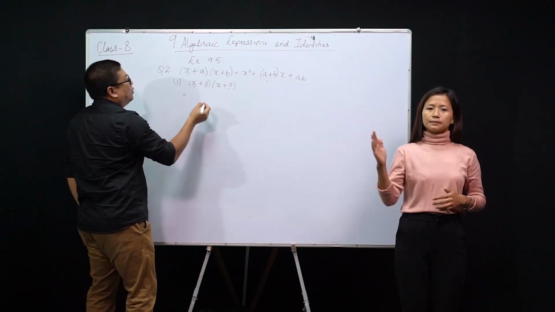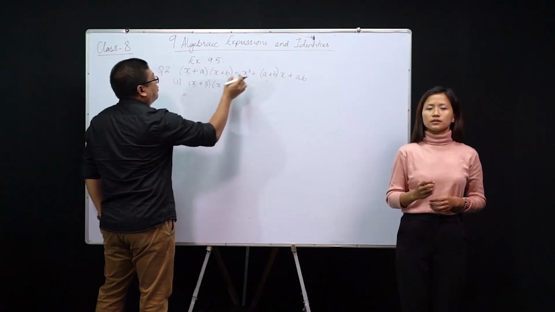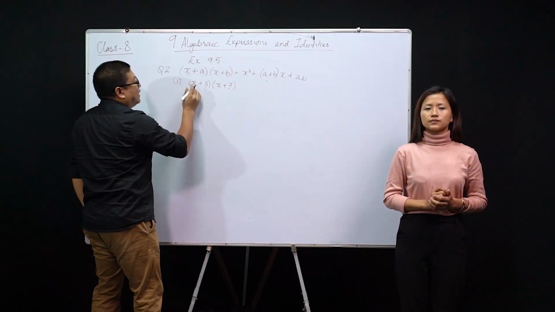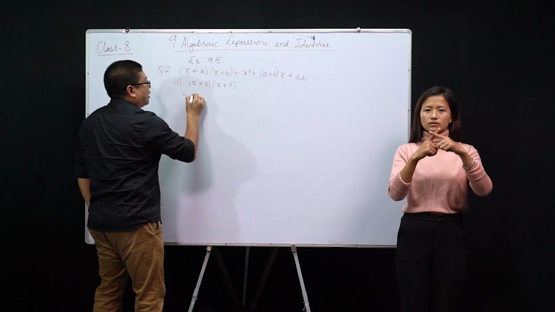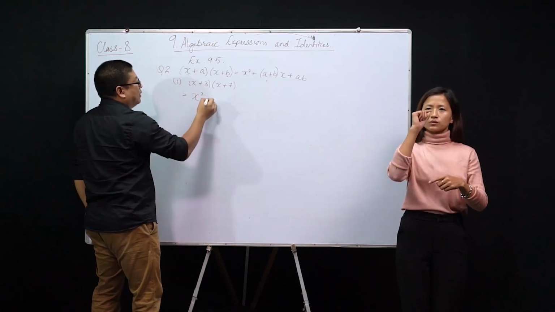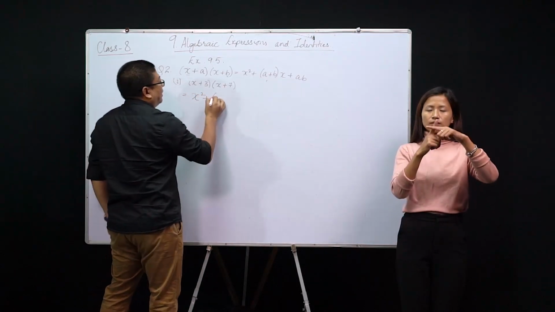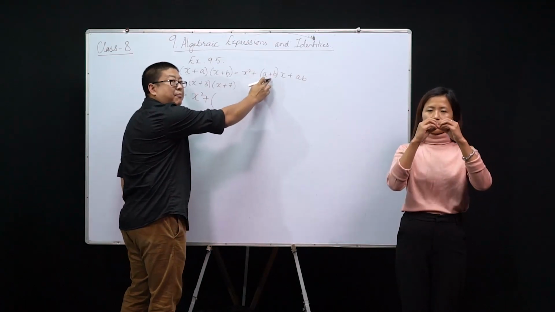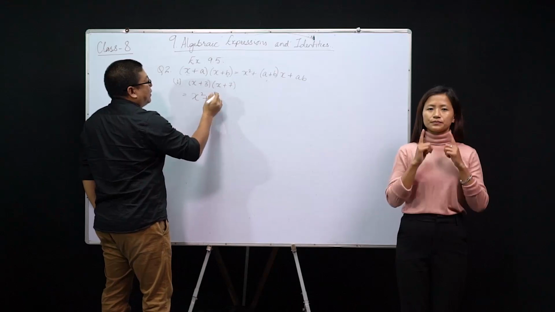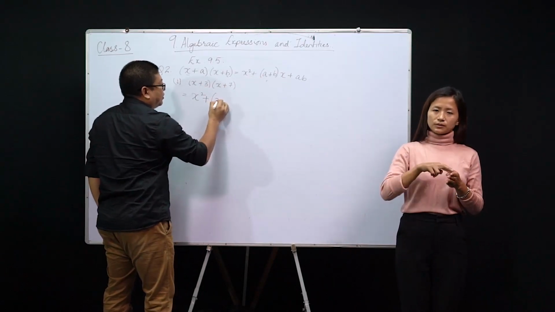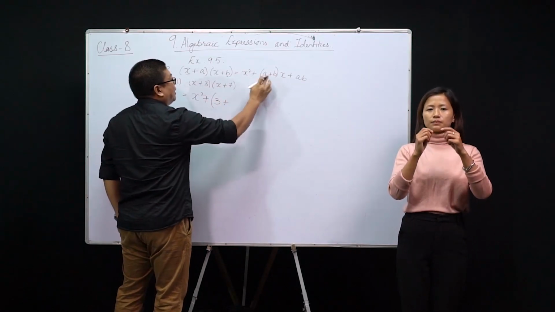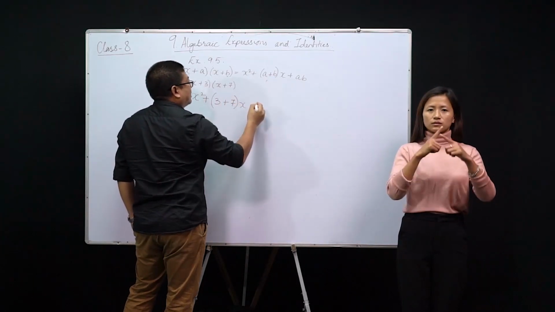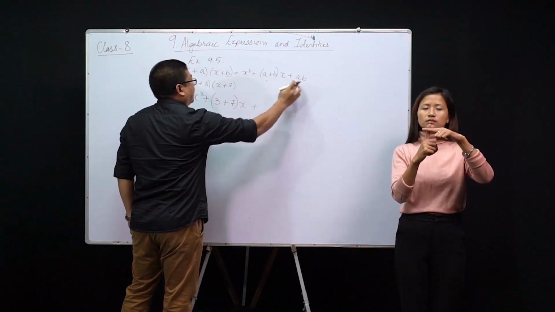So in place of a, I will put 3, in place of b, I will put 7. So x is the same, so I'm going to write x square plus, now a plus b, in the identity it is a plus b, but here we're going to replace a by 3 plus b will become 7, into x plus ab.